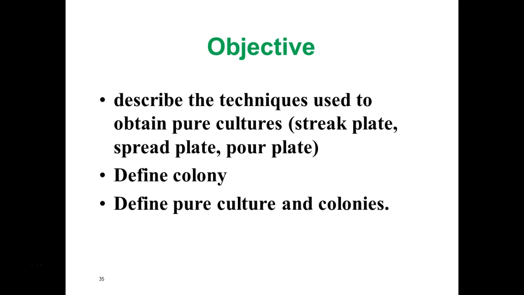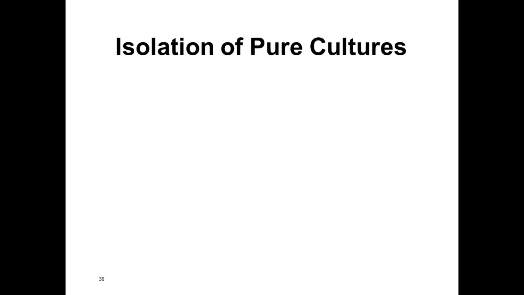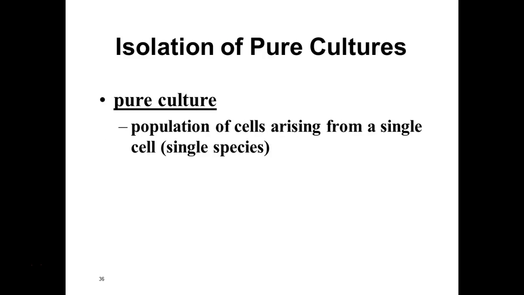First of all, let's define what a pure culture is, and what a colony is. A pure culture is a population of cells arising from a single cell or single species. When a culture is pure, we're only dealing with one type of organism, like Staphylococcus aureus or E. coli.